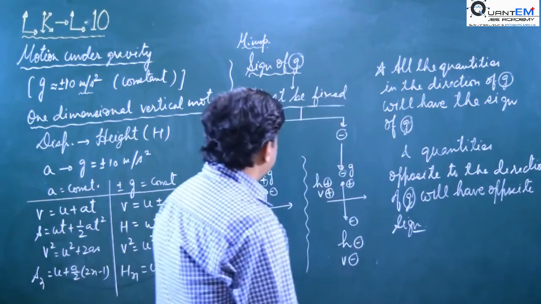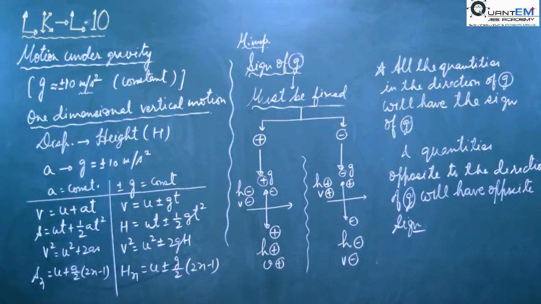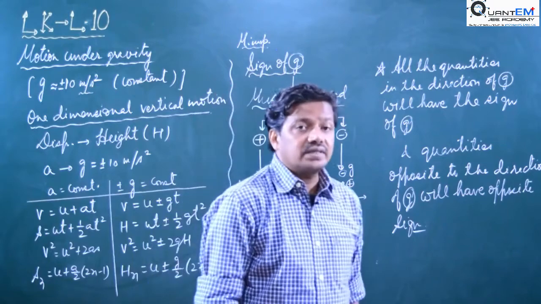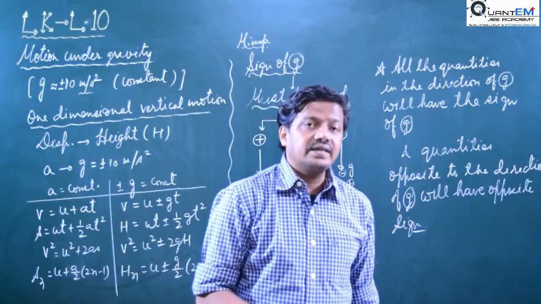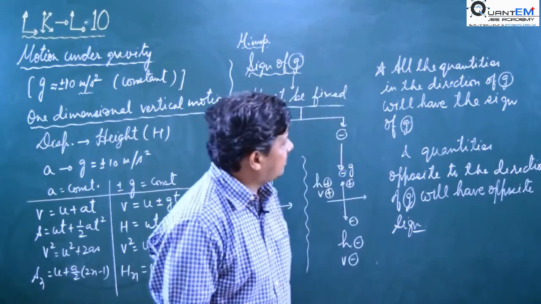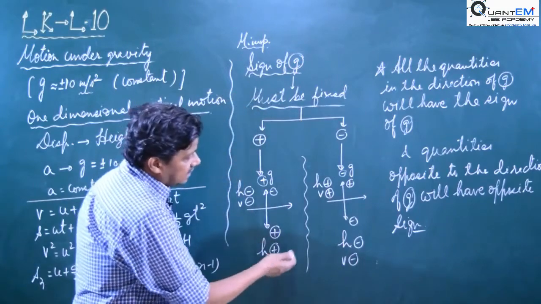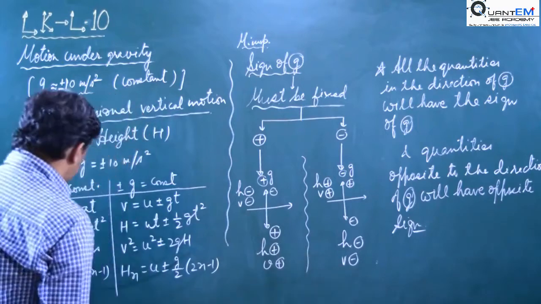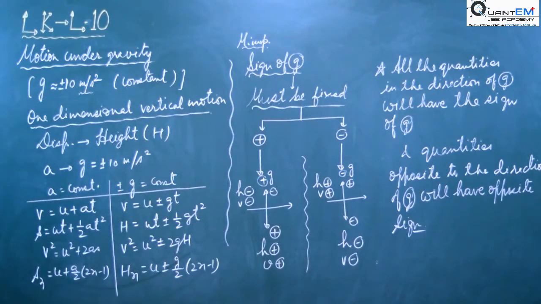That is the sign convention. So never change the sign of g. The sign of g will be fixed, either you consider it to be positive or negative. In the direction of g, the quantities will have the sign of g, and against g the quantities will have the opposite sign.